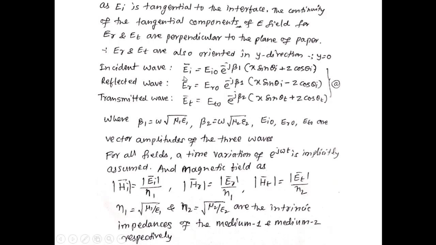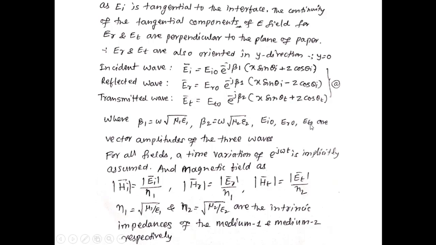Therefore, incident wave EI bar is equal to EIO e raised to minus j beta 1 (x sin theta i plus z cos theta i), and ER bar is equal to ERO e raised to minus j beta 1 (x sin theta i minus z cos theta i), as the direction of the reflected wave is opposite in the z direction, z axis. So the transmitted wave ET bar is equal to ETO e raised to minus j beta 2 (x sin theta t plus z cos theta t), where beta 1 is equal to omega under root of mu 1 epsilon 1, beta 2 is omega under root of mu 2 epsilon 2.